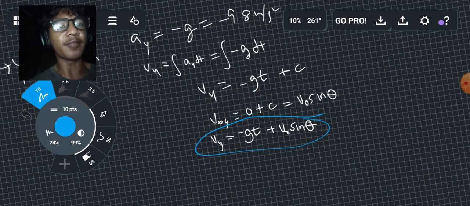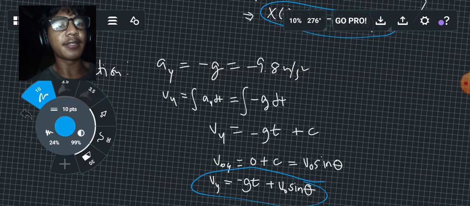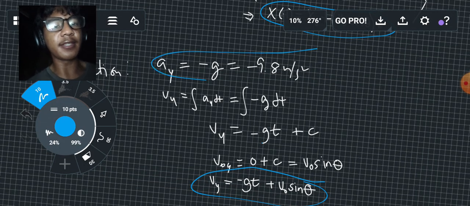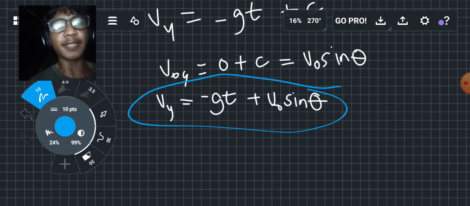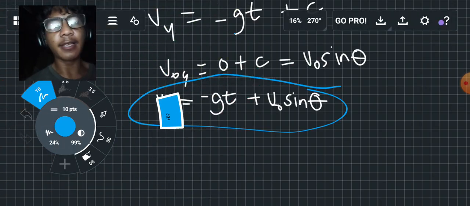I hope you're getting this down. Since we have a constant acceleration, as a result of integration with respect to time, our velocity is not a constant.